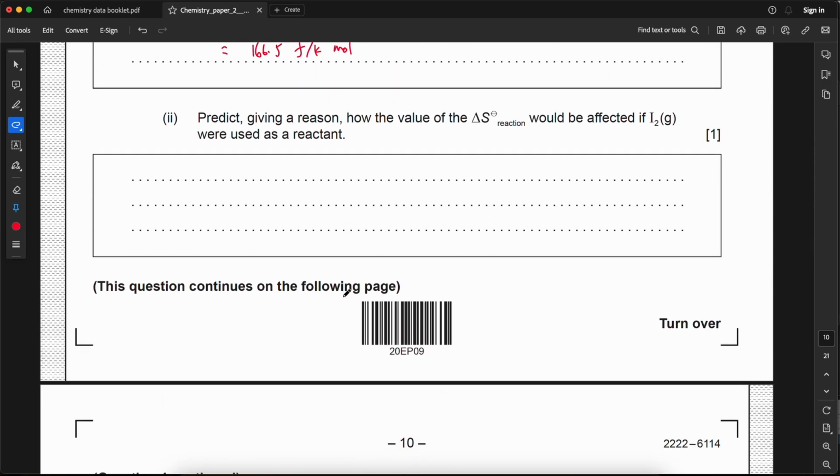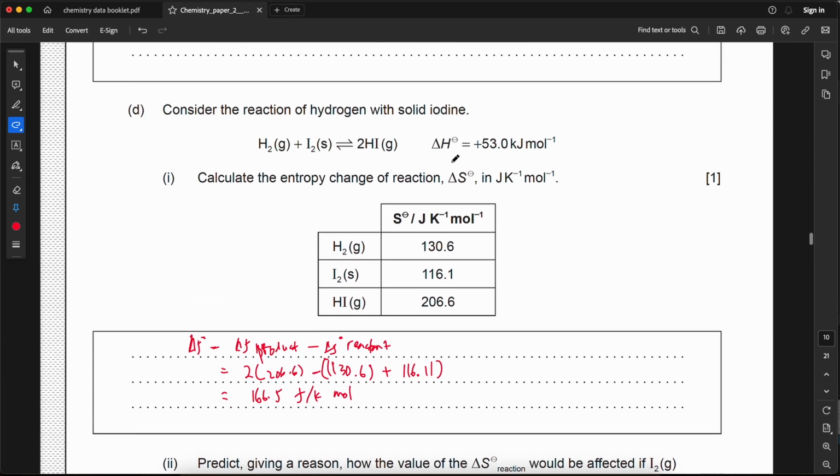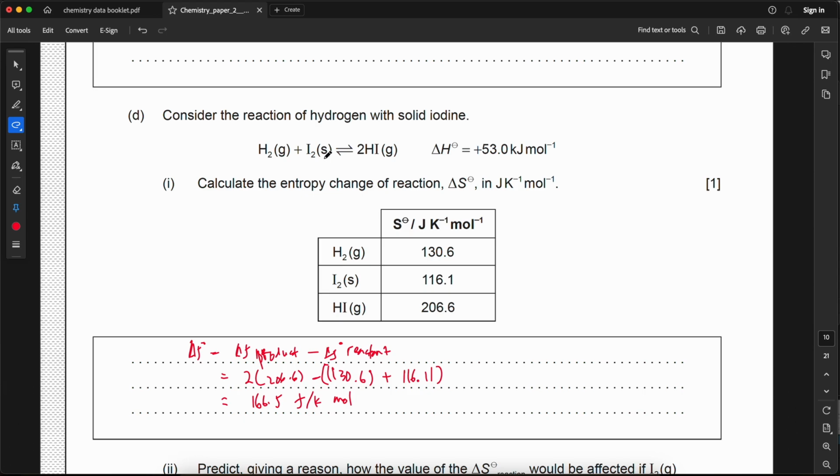Predict, giving reason, how the value of delta S reaction would be affected if I2 were used as a reactant gas. If we see here, it's solid.